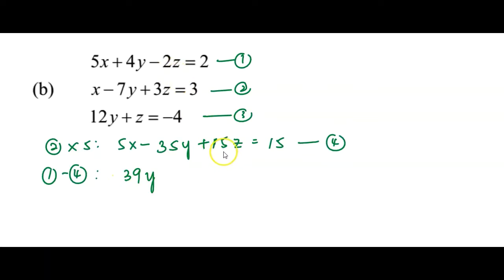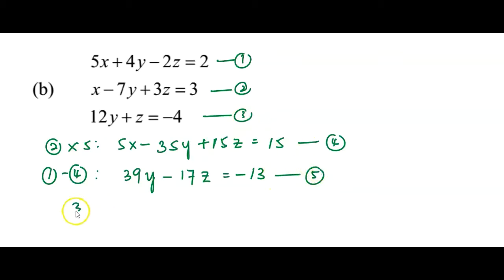Negative 2z minus 15z, that will be negative 17z. And lastly, the constant term, you have 2 minus 15, that will be negative 13. So here I have equation 5.